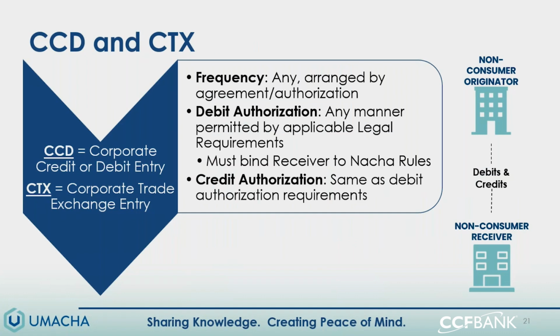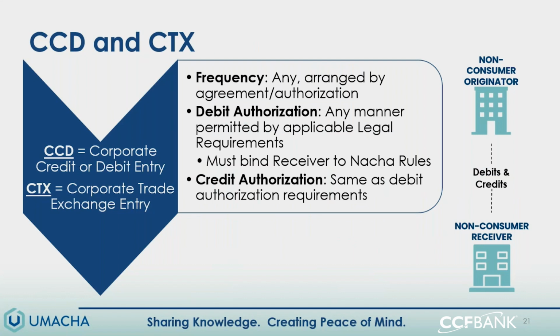Our requirements here are very different than they are on the consumer side because we're not working with consumers. We don't have to think about consumer protections. We're looking at businesses that likely already have some sort of agreement between them. So as long as we are obtaining those debit authorizations in a legal manner and we're binding the receiver to the rules, it's good.